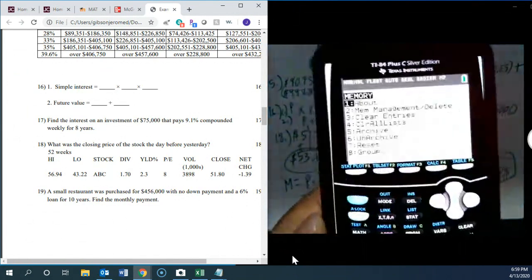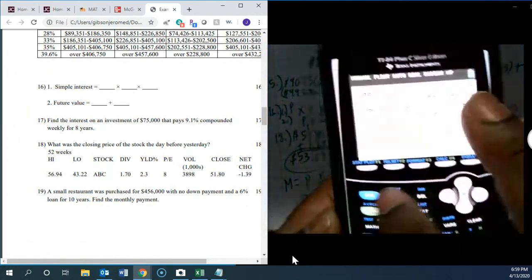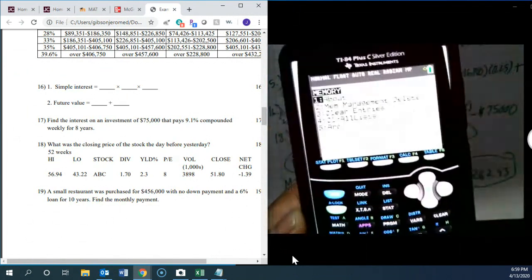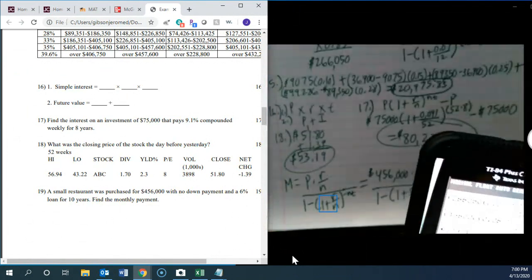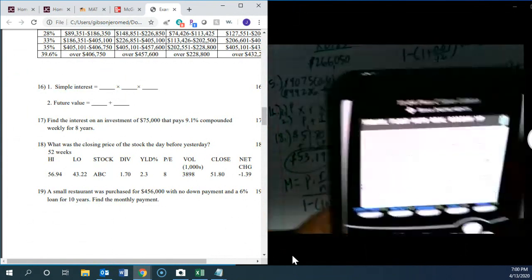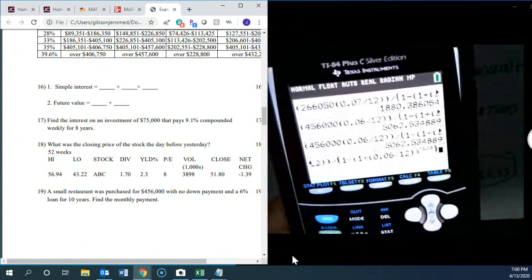And then, oh, wait a minute, that didn't do it. Hold on. It's supposed to be second function, and then enter. Okay, give me 1 second. So I have to change this.